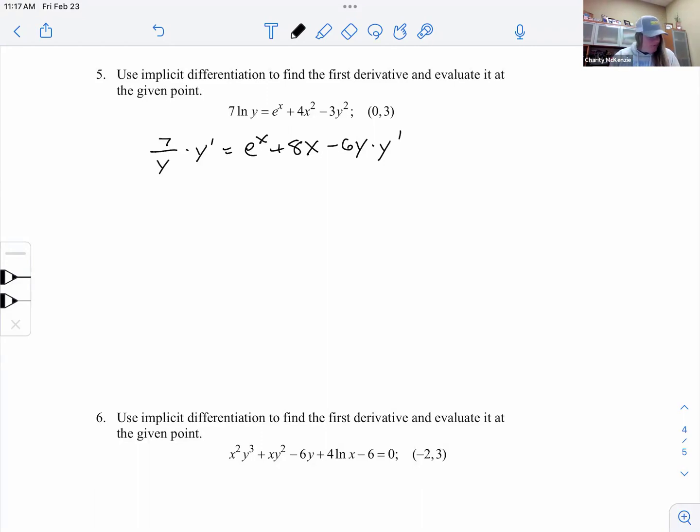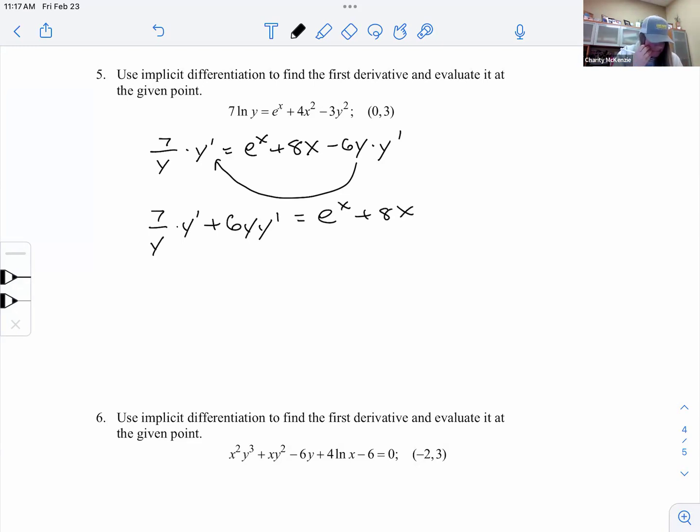Okay, so if we want to solve for y prime, we would need to move this term over here so that the two y prime terms are on the left. So that would make 7 over y times y prime. That's a plus now when it moves over: plus 6y times y prime equals the e to the x plus 8x.